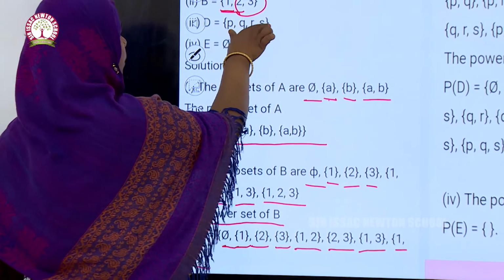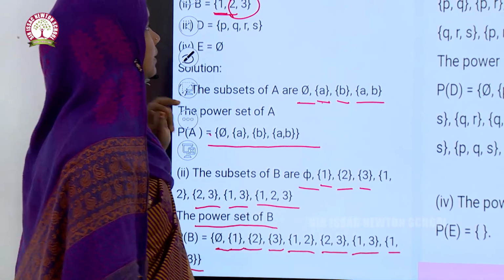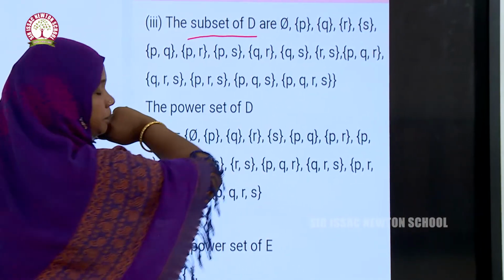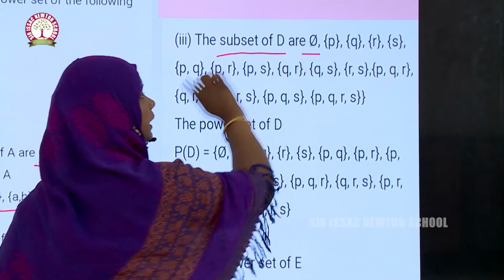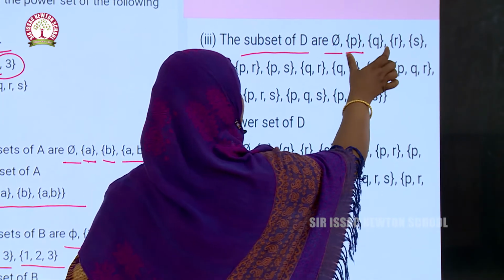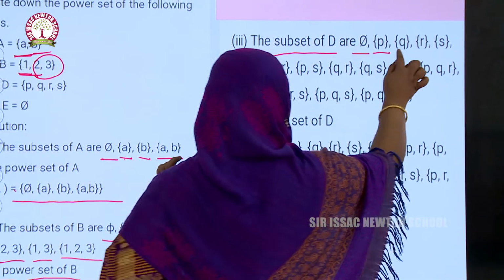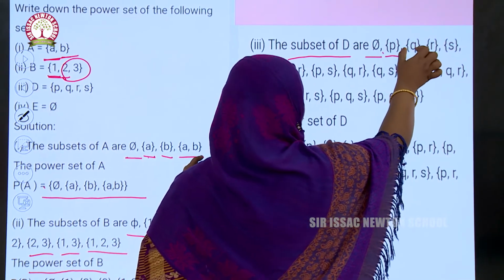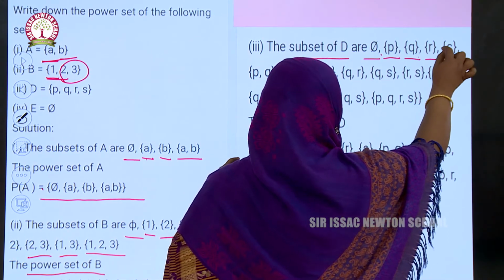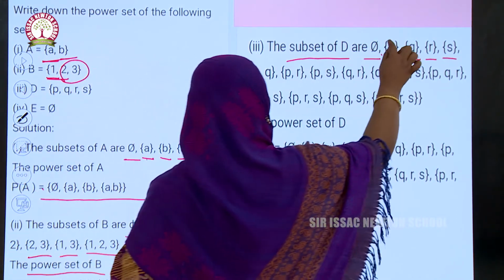D is equal to the set which has 4 elements, P, Q, R and S. So now start writing the subsets of D. The first one should be the null set and then the sets with a single element. So how many elements are here? P, Q, R, S. So the singleton set with element P, the singleton set with element Q, and then with element R and with element S. What is the next step? Group 2 elements.